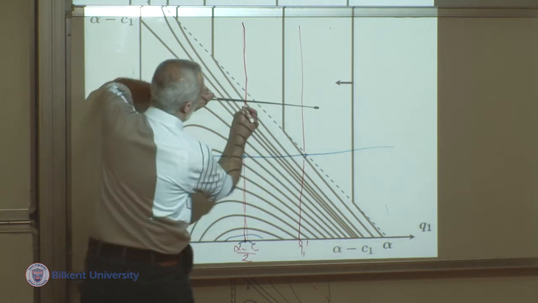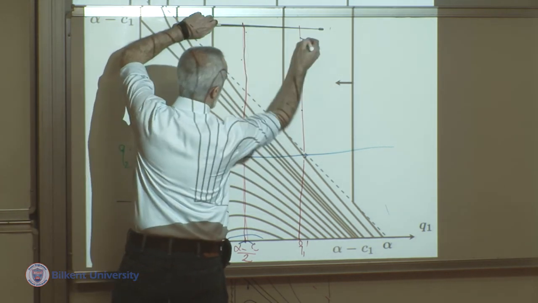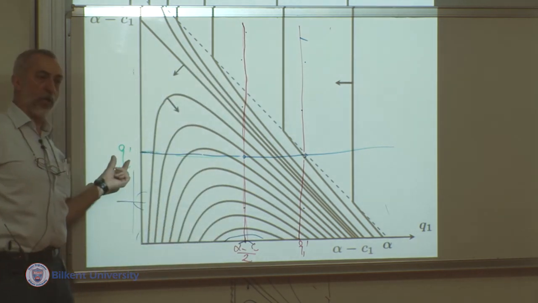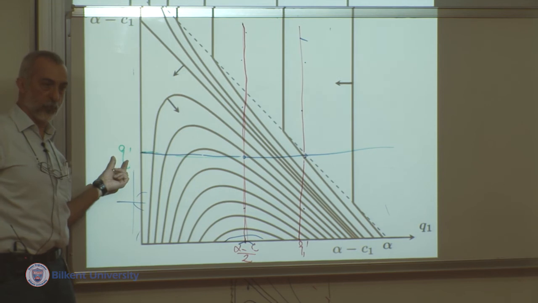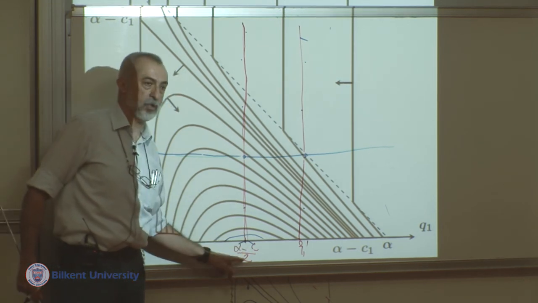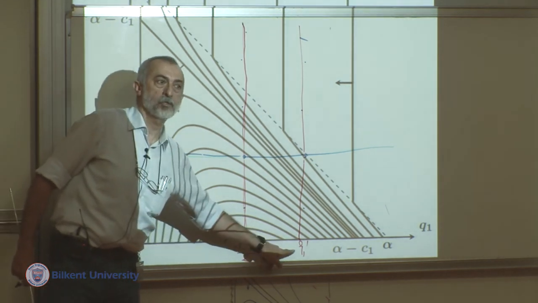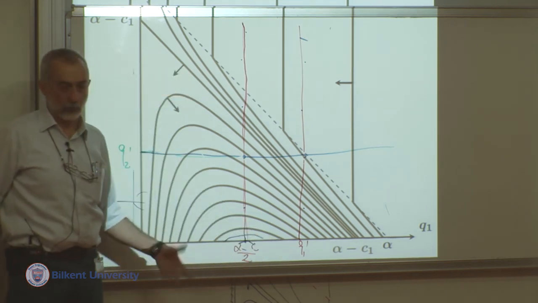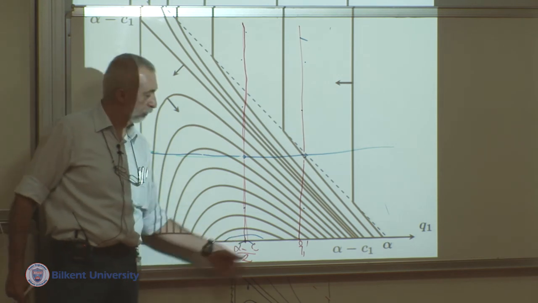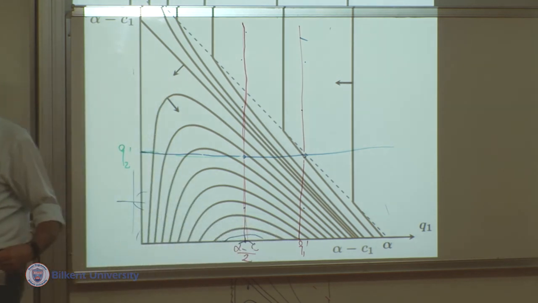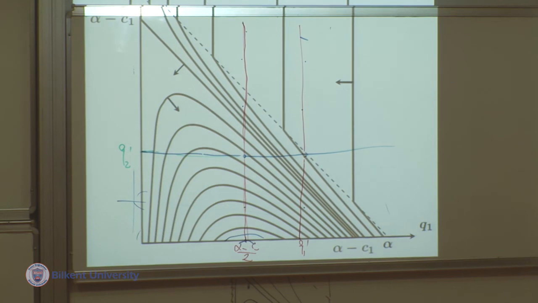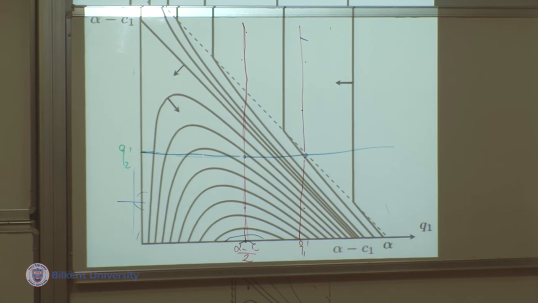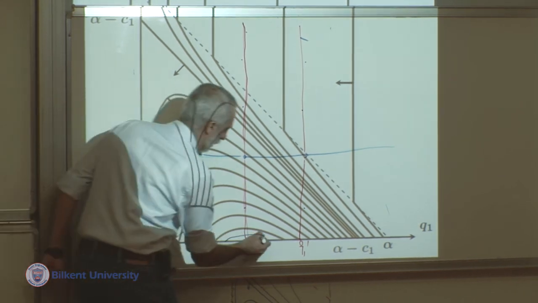So no matter what the opponent does, for firm 1, playing alpha minus C over 2 is better than playing Q1. Which means that alpha minus C over 2 strictly dominates any strategy that is bigger than alpha minus C over 2. So all these are dominated.